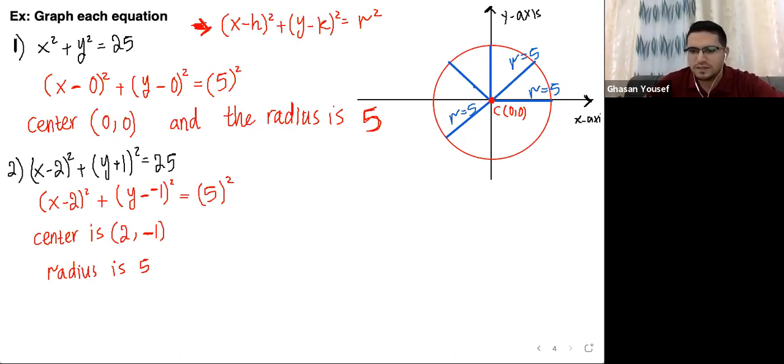Yes, Zainab said we changed the sign for k. This is correct. So k here is equal to minus 1, if I want to rewrite this like y minus k, I get y plus 1.